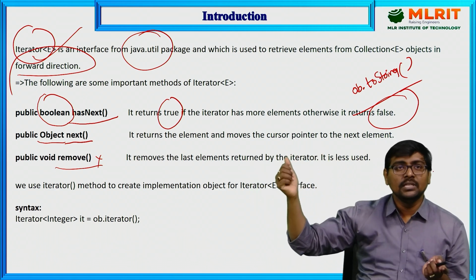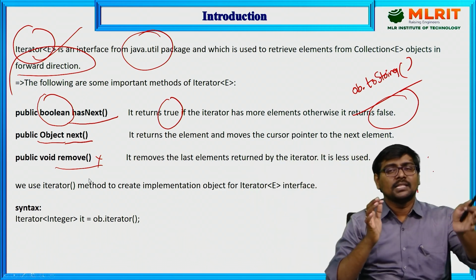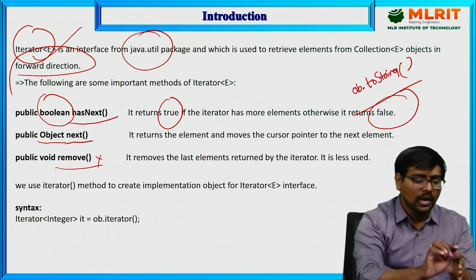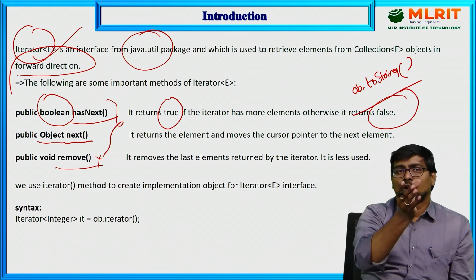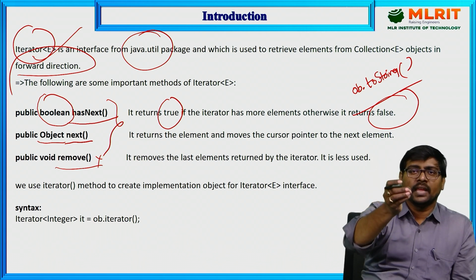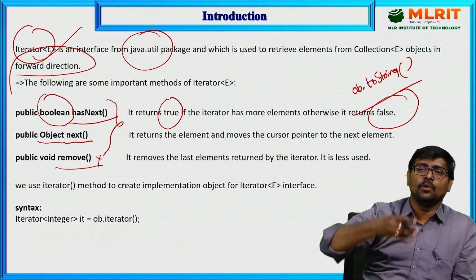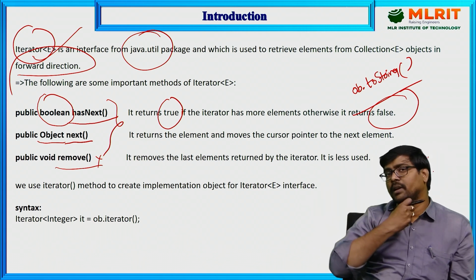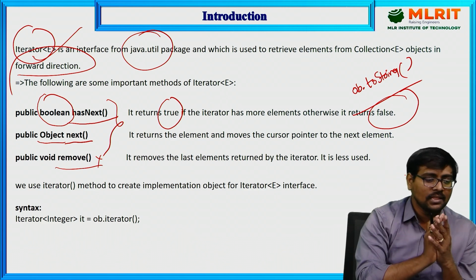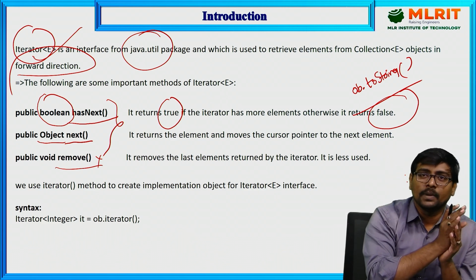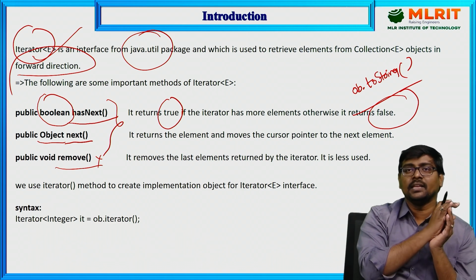But in this Iterator, mainly we use two methods, hasNext and next. With a while loop, we use hasNext. If an element is available, we move on and retrieve the elements one by one. So these are the three important methods available inside the Iterator.